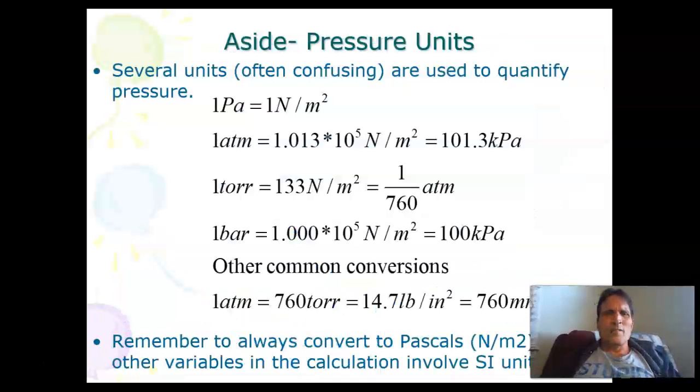Pressure has a wide variety of units, some of which are pretty bizarre. We're going to be primarily using the unit of a Pascal, which is Newton per meter squared. If you're dealing with air, a lot of times chemists or atmospheric scientists will put pressure in units of atmosphere.